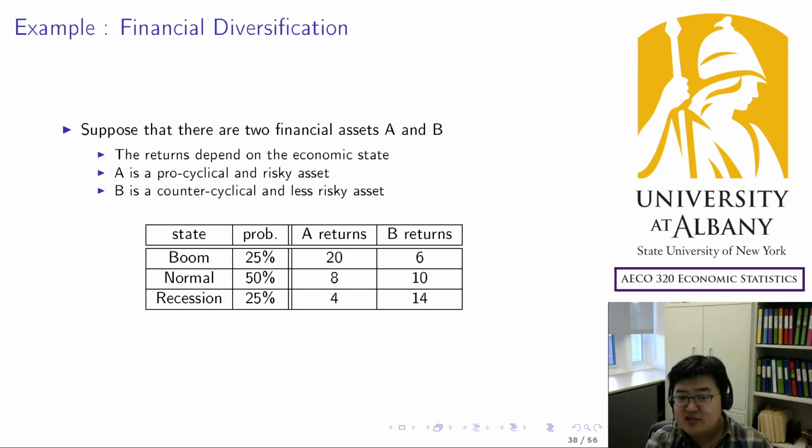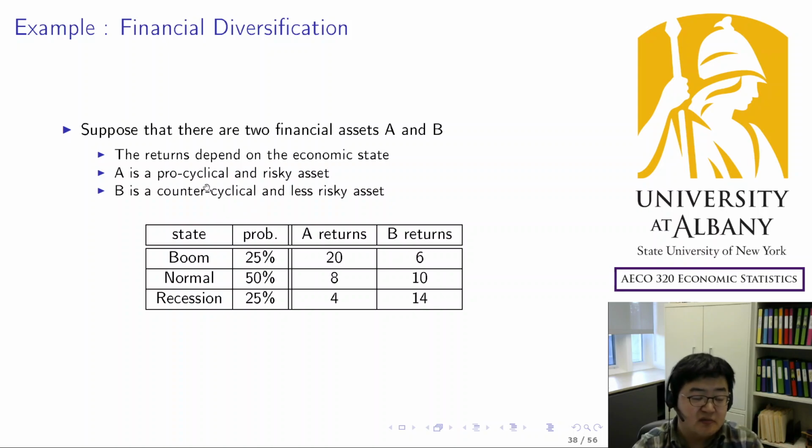And the returns depend on the economic state. Simply, I will consider three possible states: one is boom, another is recession, and normal is none of the others, right? I'll assume that asset A is pro-cyclical and risky.